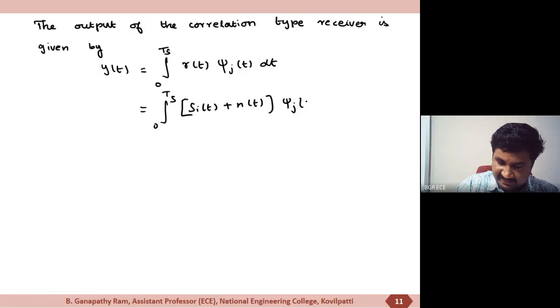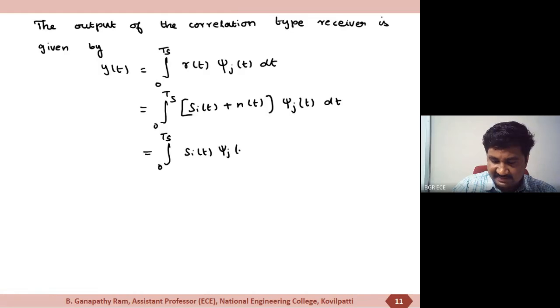Hence, the integration can be expanded as integral over Ts si of t psi j of t dt plus integral over Ts n of t psi j of t dt.